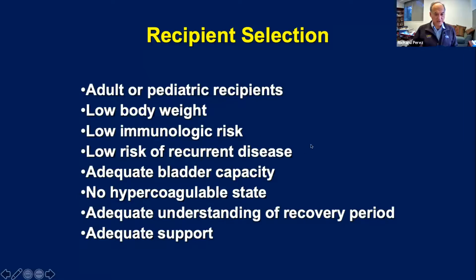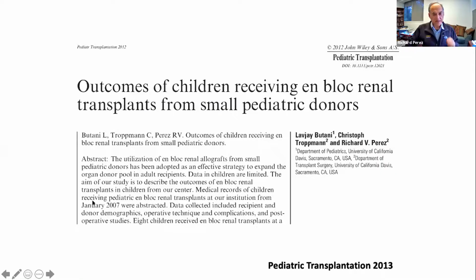The same reason we don't put them in patients who have a high risk for recurrent disease because of the need for biopsies. They need to have a good bladder because of the risk of thrombosis, no hypercoagulable state. And then the patient needs to have a good understanding of the somewhat longer recovery period that they're in store for and adequate support. So we have put them in both adults and children.